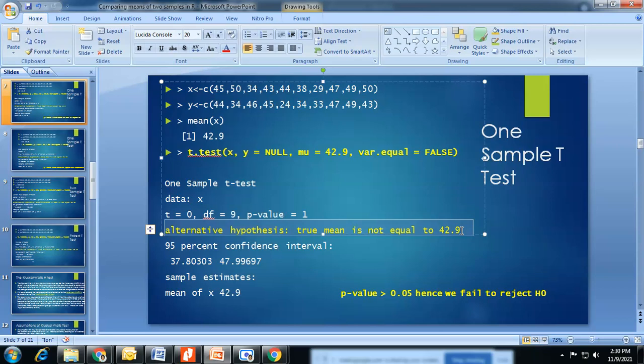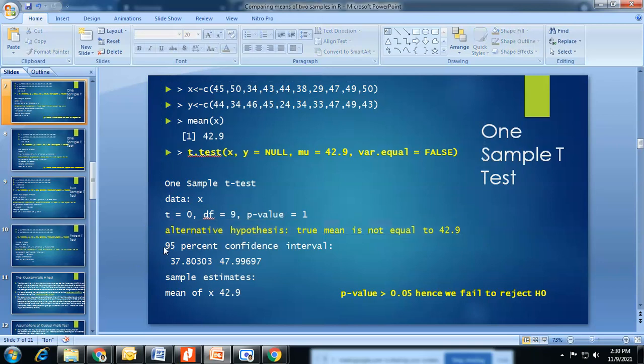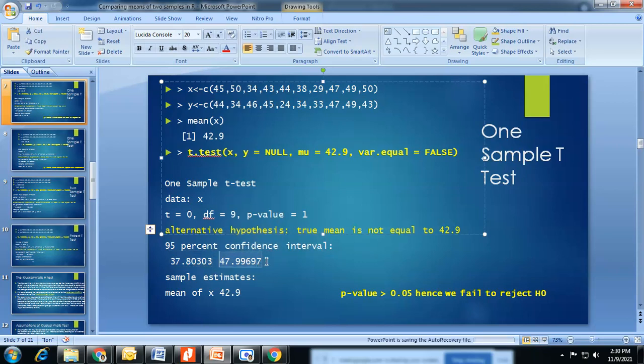There is a 95% confidence interval, with lower limit 37.80 and upper limit 47.99, and the sample estimate, the mean of x, is 42.9. Since the p value is 1, which is greater than the significance level 0.05, we fail to reject the null hypothesis.